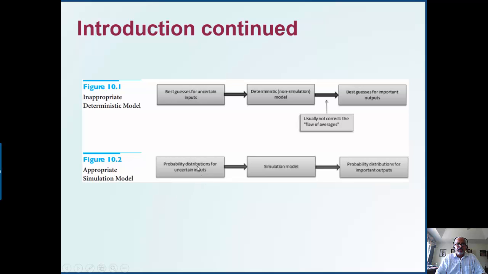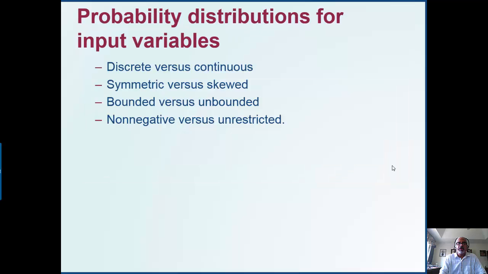Instead, if you use probability distributions for the input values and use simulation modeling, and we repeat the analysis for a certain number of replications, as it is called, say 100 replications or 200, even 1,000, then we get a realistic range of output values that we can analyze for making proper decisions. So introducing probability into the input values is what we do in simulation modeling.